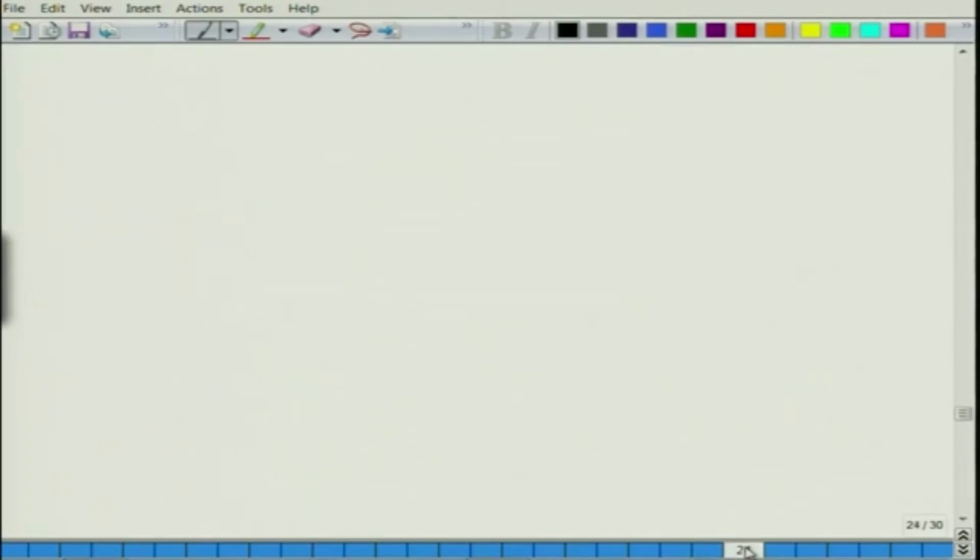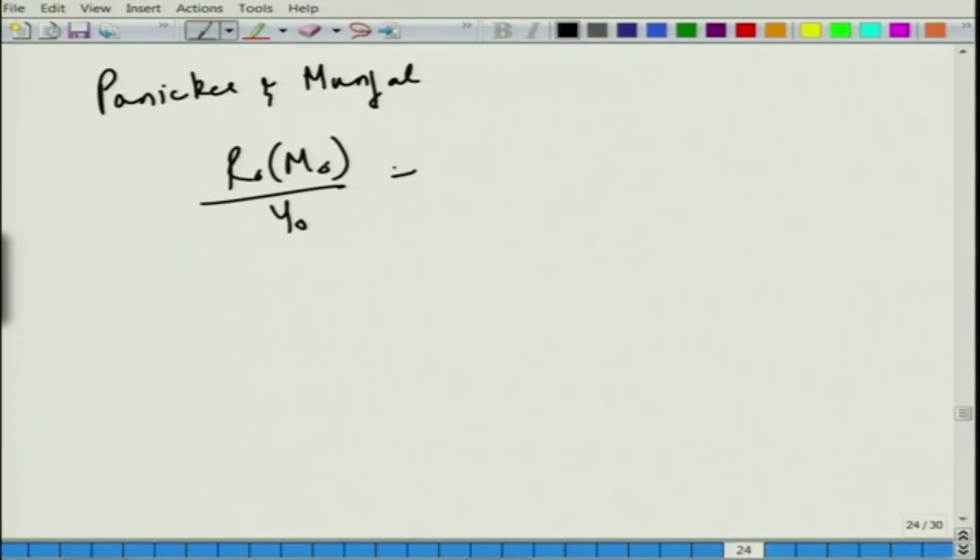Similarly, Panikkar and Munjal, a long time back, derived another empirical expression, which is given by the following relation. You have this thing.